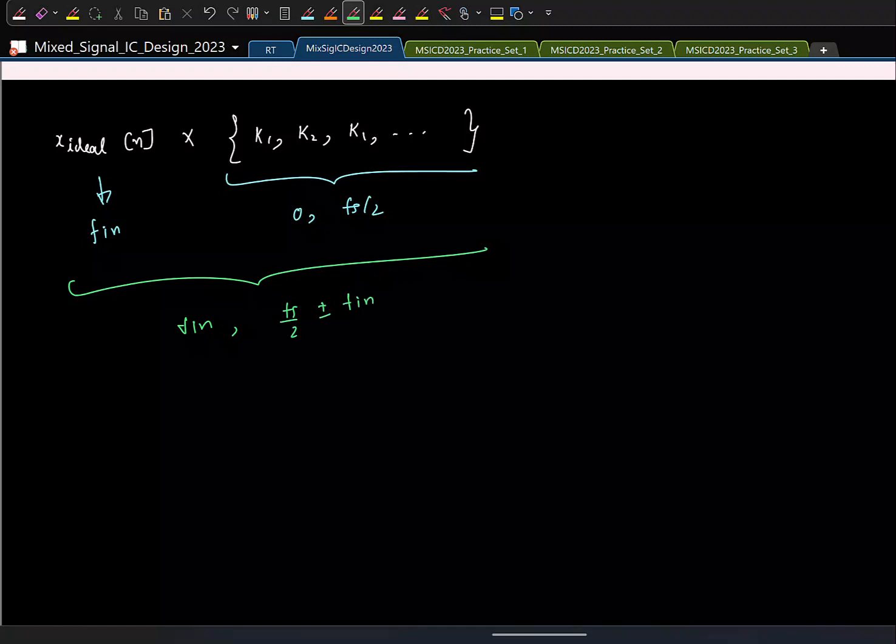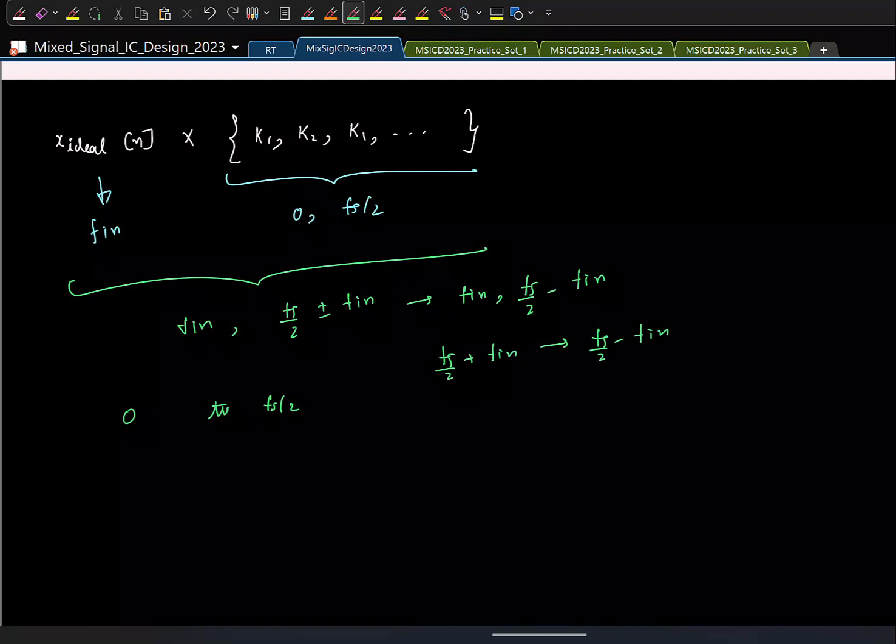And if I look at a single-sided spectrum from 0 to Fs by 2, what are the frequencies I'll consider? I'll get these 3, right? If I only look at the single-sided spectrum from 0 to fs by 2, what are the frequencies that will be present? Please remember that fs by 2 plus fn will indeed alias back to fs by 2 minus fn.